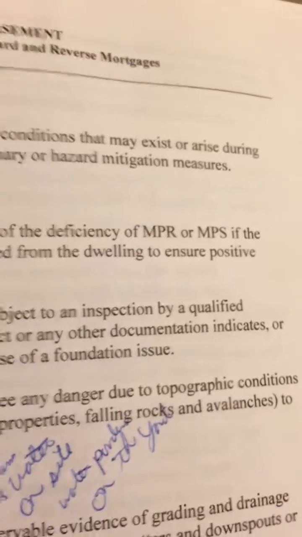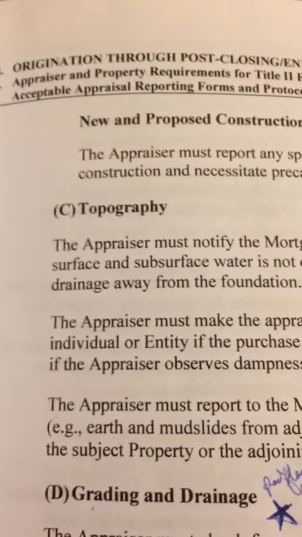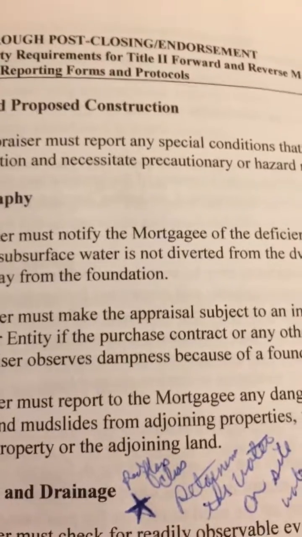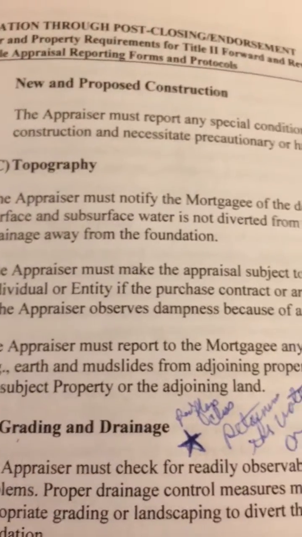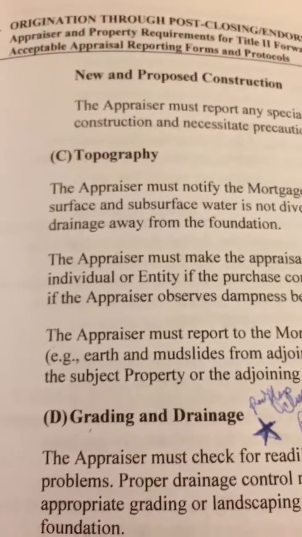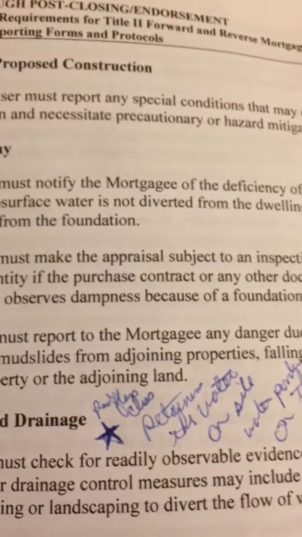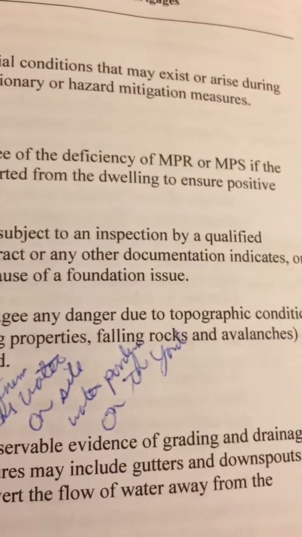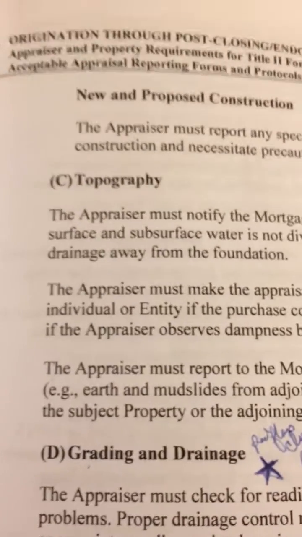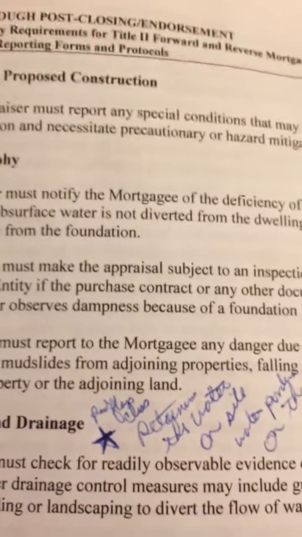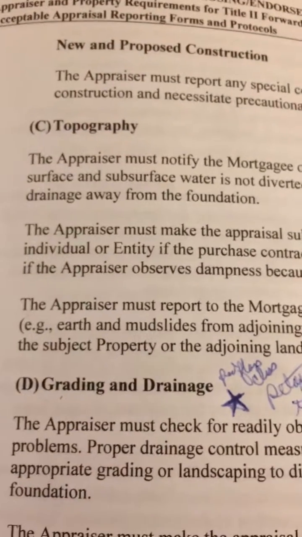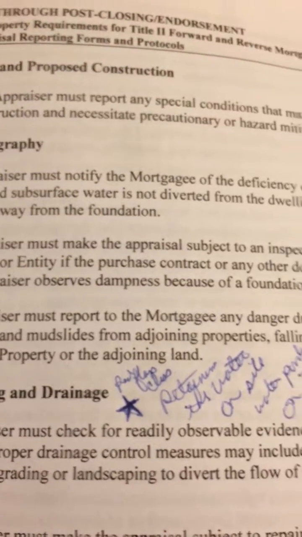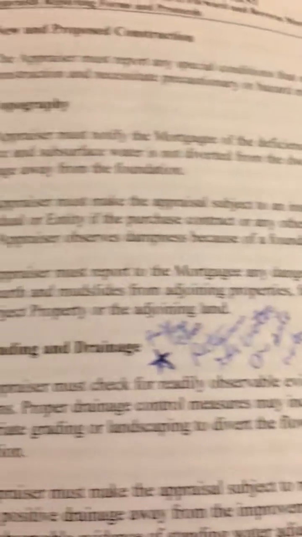of NPR or NPS if surface and subsurface water is not diverted from the dwelling to ensure positive drainage away from the foundation. The appraiser must make the appraisal subject to an inspection by a qualified individual or entity if the purchase contract or any other documentation indicates, or if the appraiser observes, dampness because of a foundation issue.